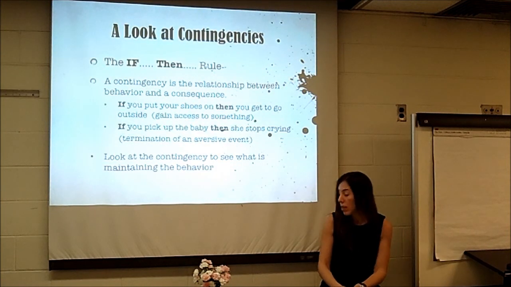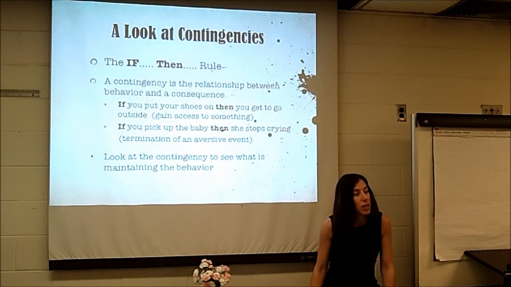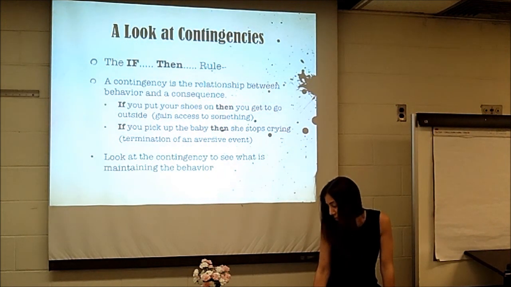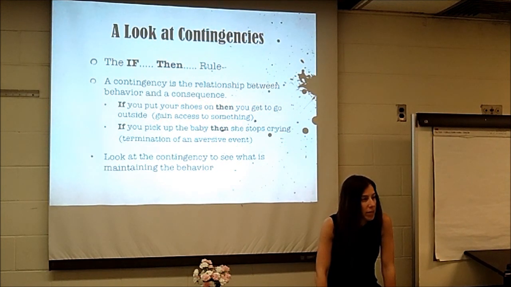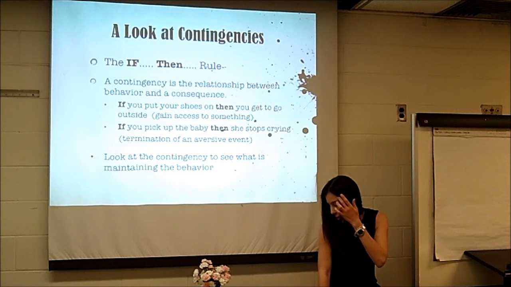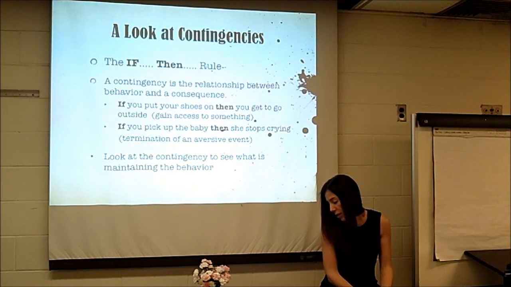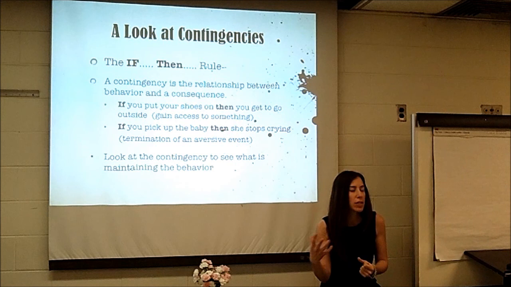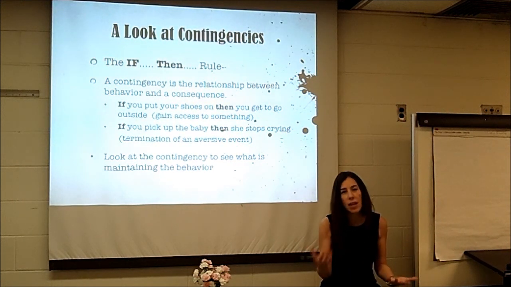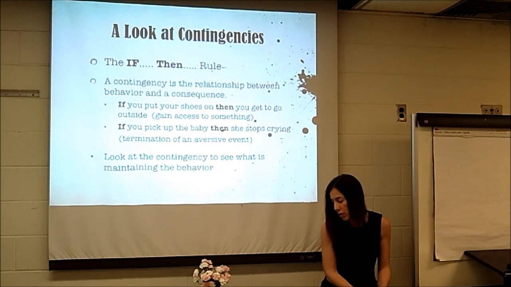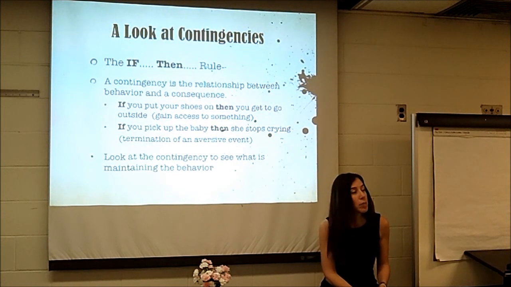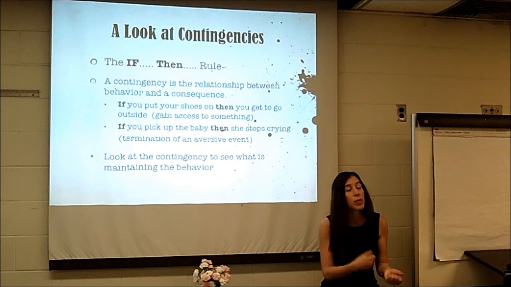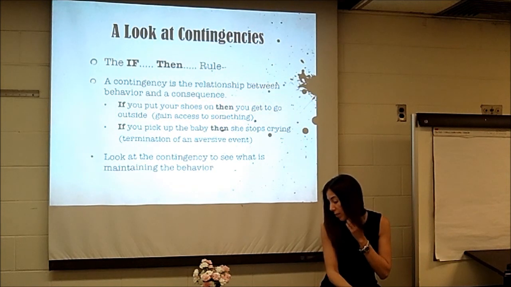Okay. So when we're doing that, we want to start out by looking at contingencies. Contingencies are pretty basic if-then statements that we all are pretty much used to using. If you put your shoes on, then you get to go out. If you eat your vegetables, then you get your ice cream. So it's a way to present something that can help the child understand that if you do this, you can gain access to something.